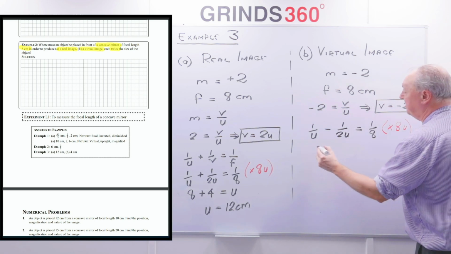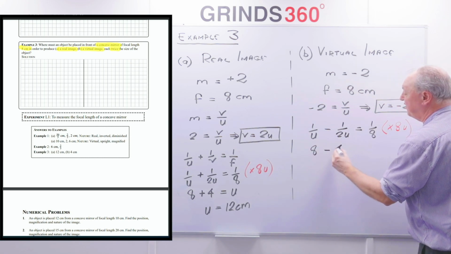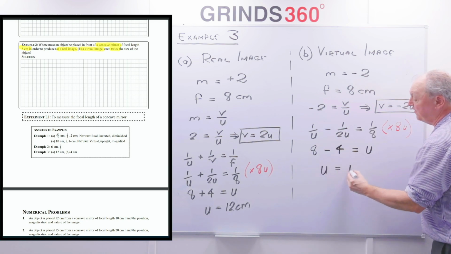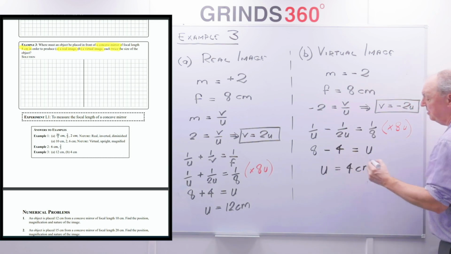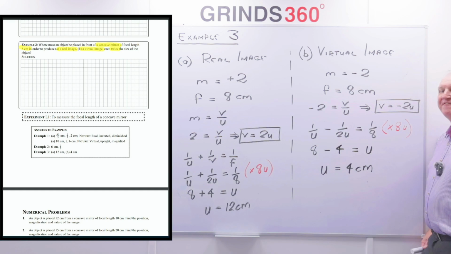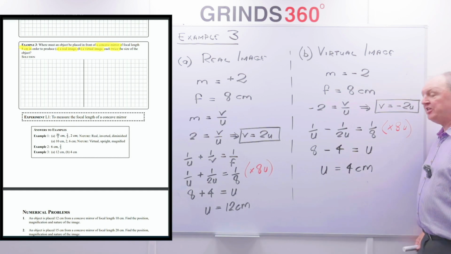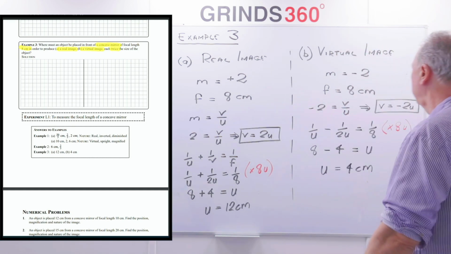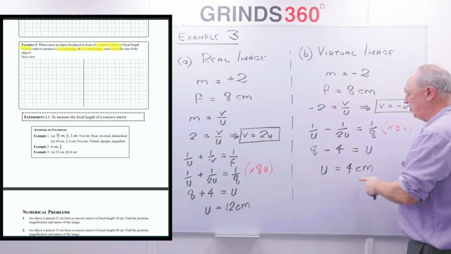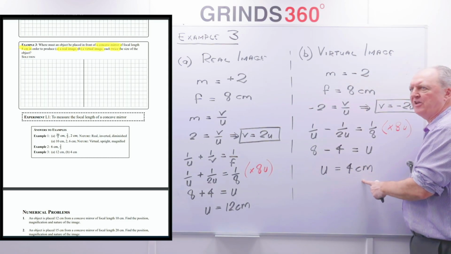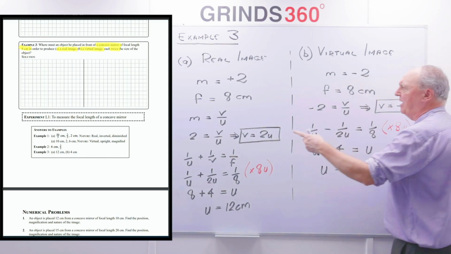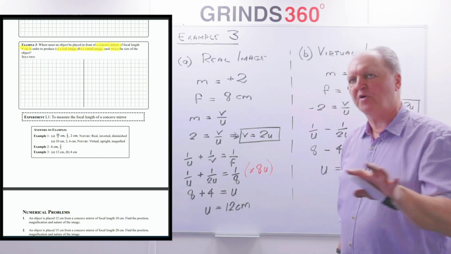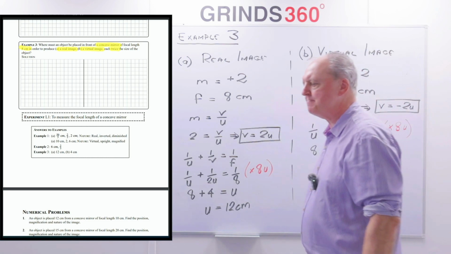I end up getting 8 minus 4 is equal to u, and therefore u is equal to 4 centimeters. So in order to get a virtual image, u has to be 4 centimeters from the mirror. That kind of makes sense, doesn't it? f is 8, so I'm inside the focus in order to get a virtual image, and in part A, I'm outside the focus in order to get a real image. That works out just about fine.